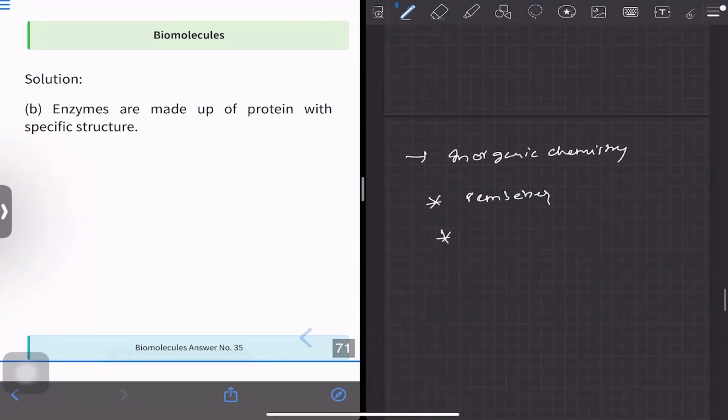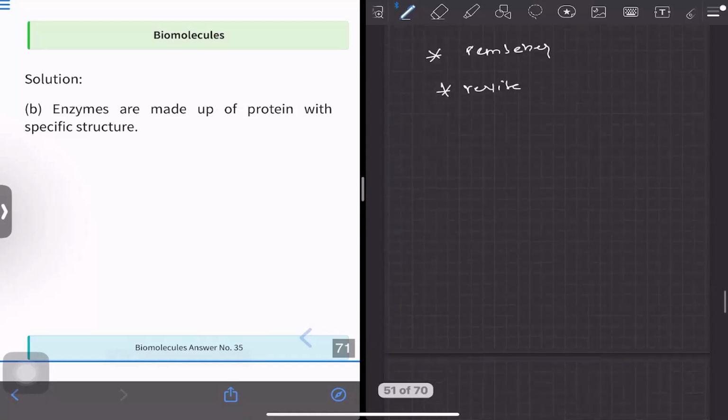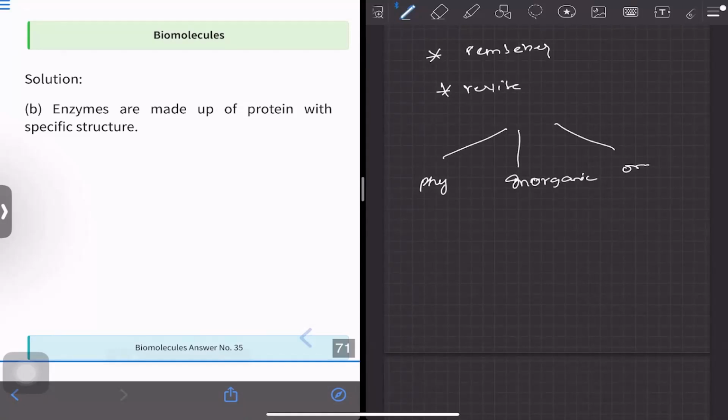Revise multiple times. See, chemistry consists of three parts: physical chemistry, inorganic chemistry, and organic chemistry.